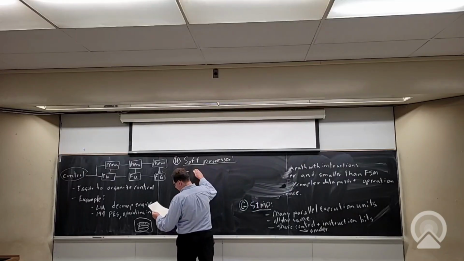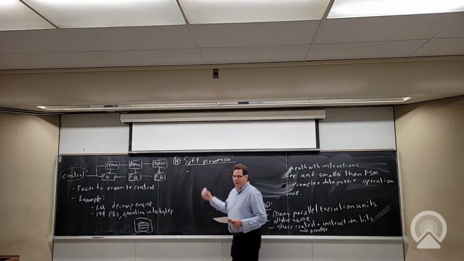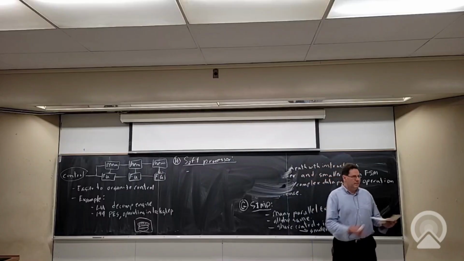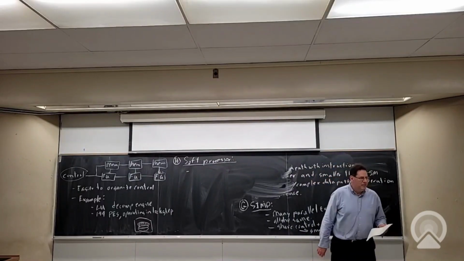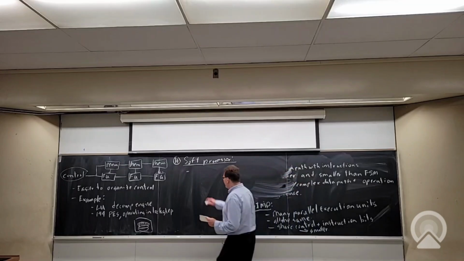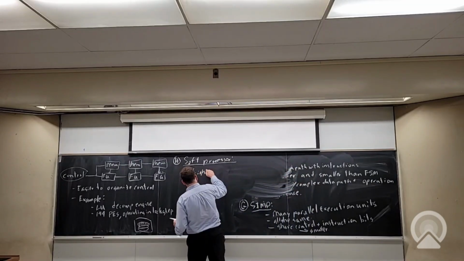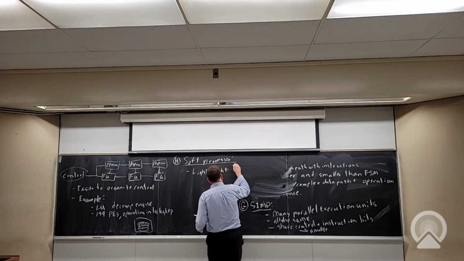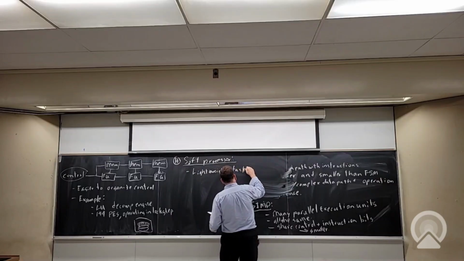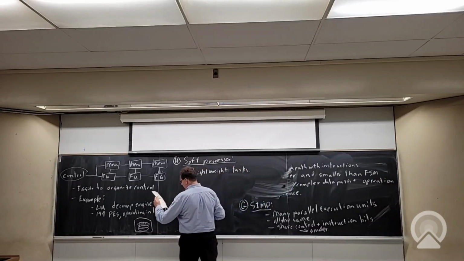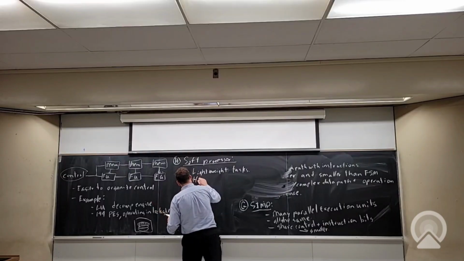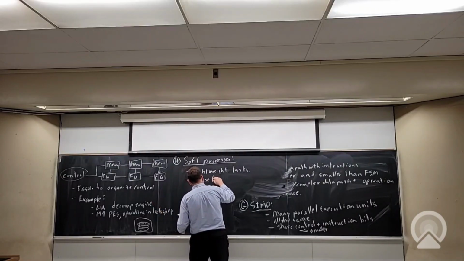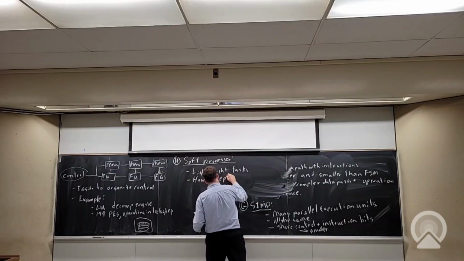So what are these useful for? What would you use a soft processor for in an FPGA? Yeah, so you'd use it for lightweight stuff, and I think that's a good idea. Some lightweight tasks are housekeeping and setup.